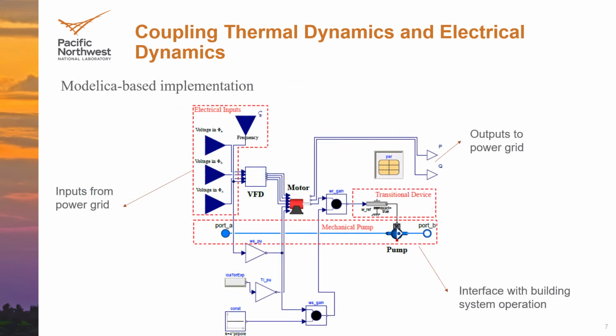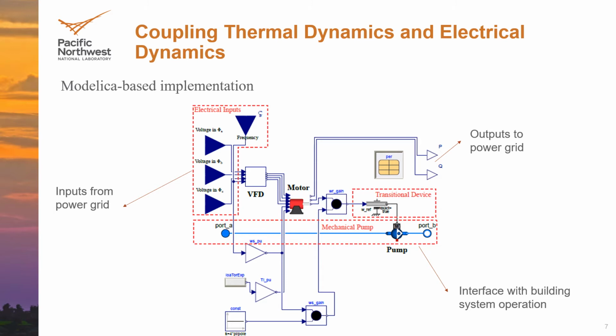In this figure, we're showing the top level diagram of this interface system. With Modelica, we developed a hierarchical structure of this model. Shown here is the top level, containing the major subsystems. One can see that this model has both the interface to the power grid and also the building system.